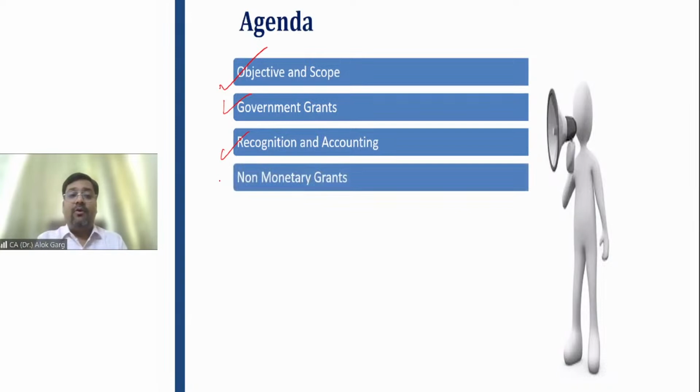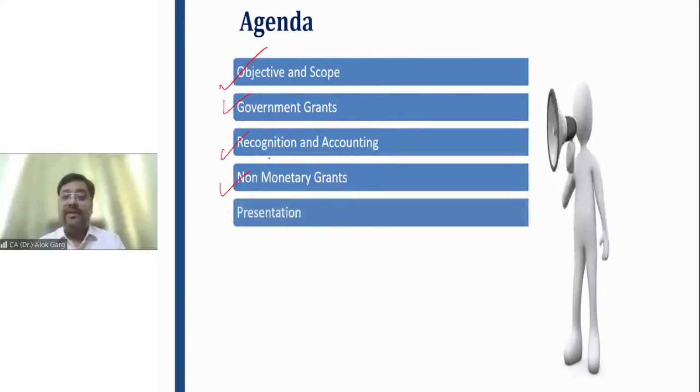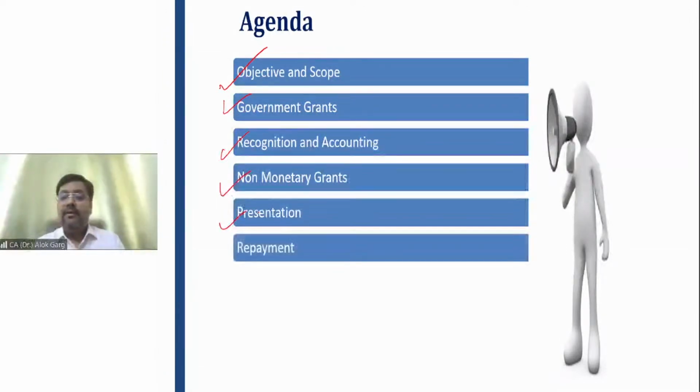Then we will be talking about what is meant by non-monetary grant. The name suggests non-monetary grants are the grants which are not in the nature of money, right? That is in kind. Presentation. Then we will be talking about how these grants will be presented in the financial statements. Then we will be discussing if the government has given a grant and after some point of time, the entity is required to refund the grant.